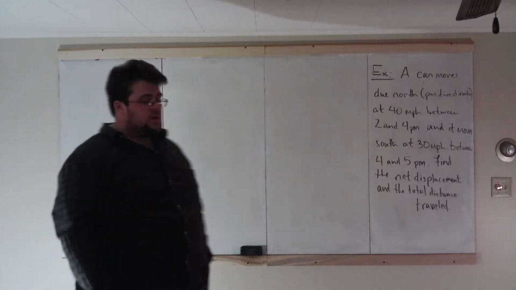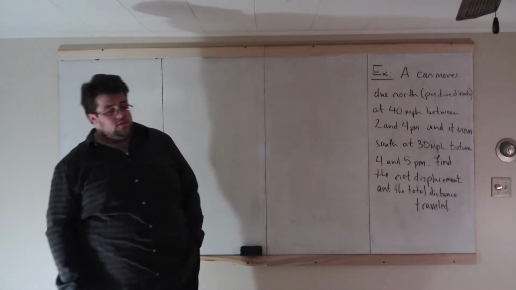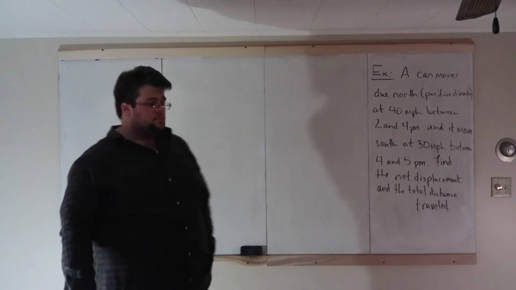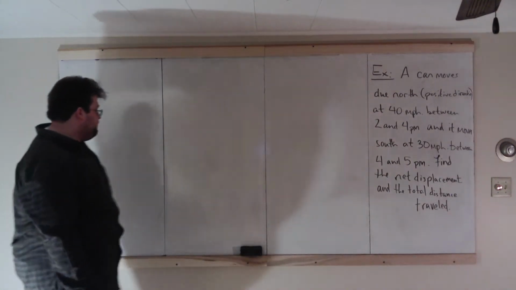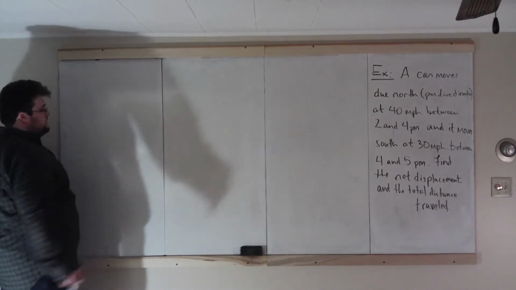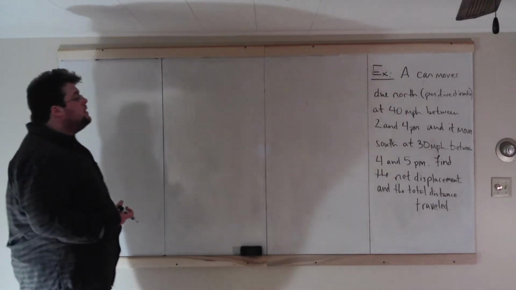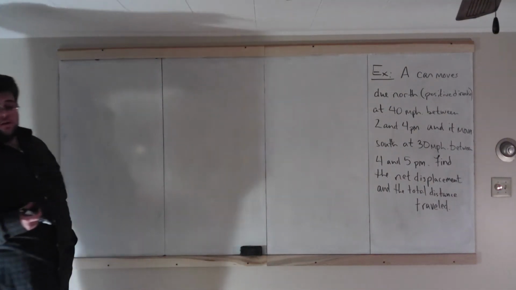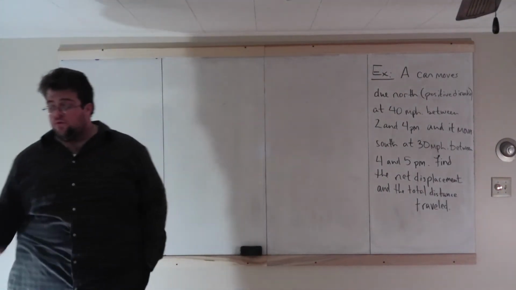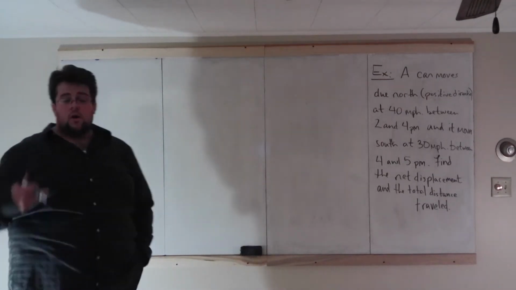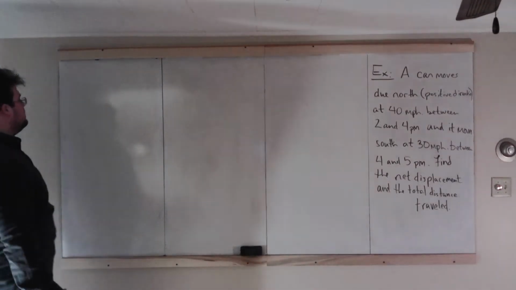So we're going to look for two things here. Net displacement, total distance traveled. We haven't defined total distance traveled. We'll get there. But the net displacement is going to be given by the net change theorem. Because the net change theorem tells us when a quantity changes, it tells us what the new value is. Here our quantity that's changing is position.